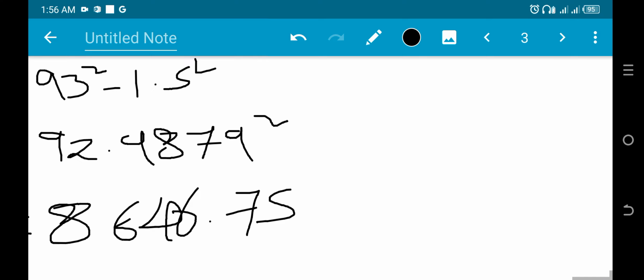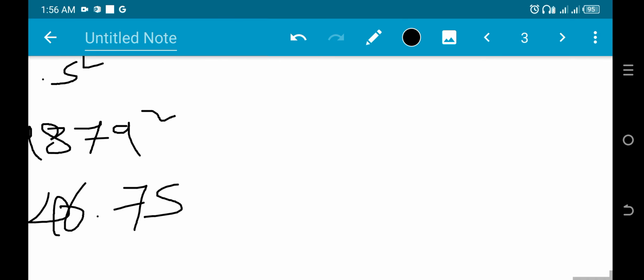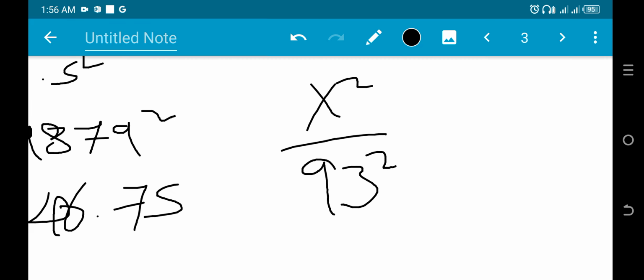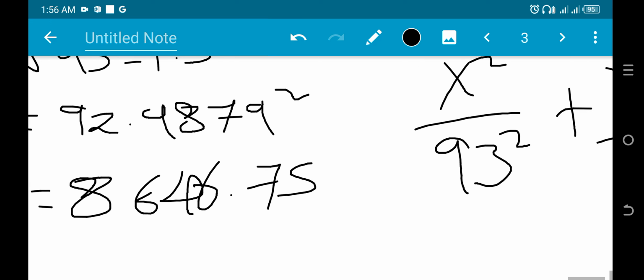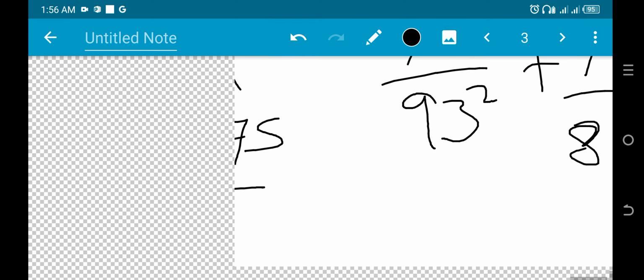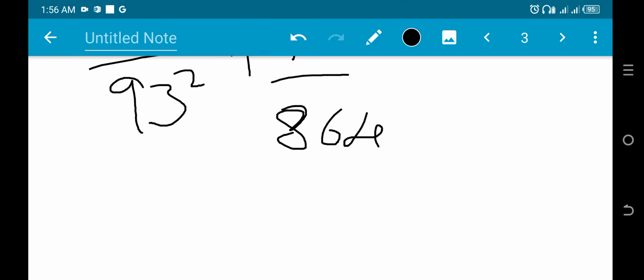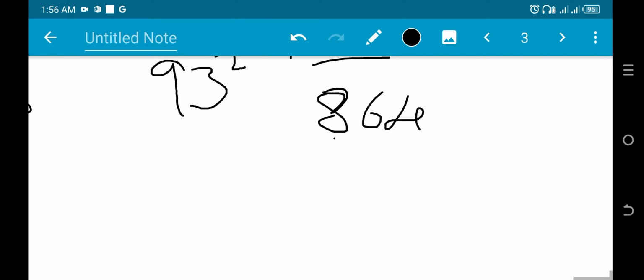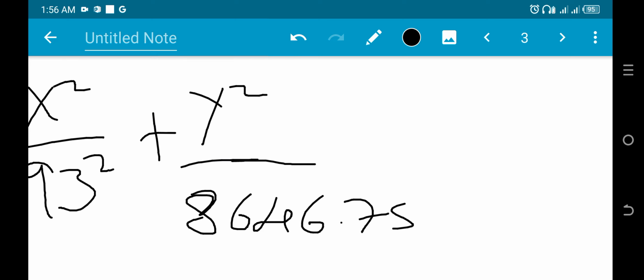So x squared over 93 squared, then plus y squared over 8,646.75. This is all equal to 1.